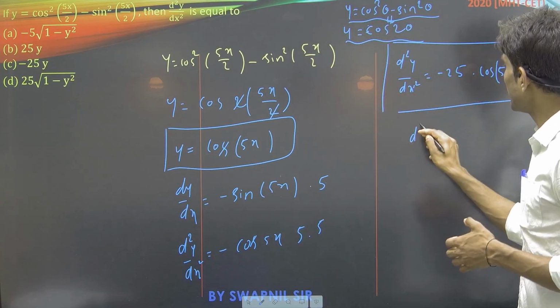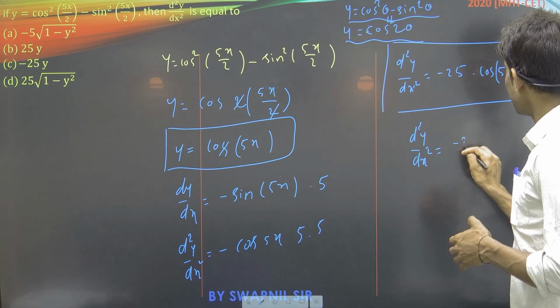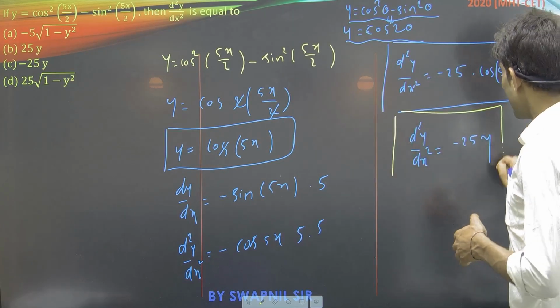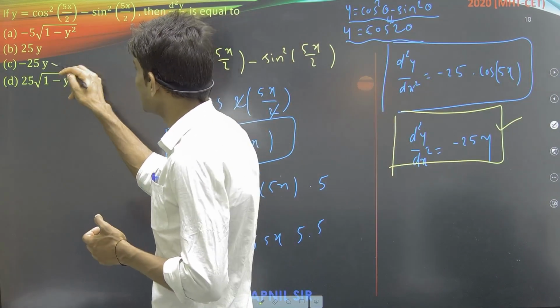So d square y by dx square is 5 into 5, which is 25, with the minus sign already there, multiplied by cos 5x. So our required answer is minus 25 cos 5x. And as cos 5x is y, d square y by dx square equals minus 25y. This is our required solution, which is option C.